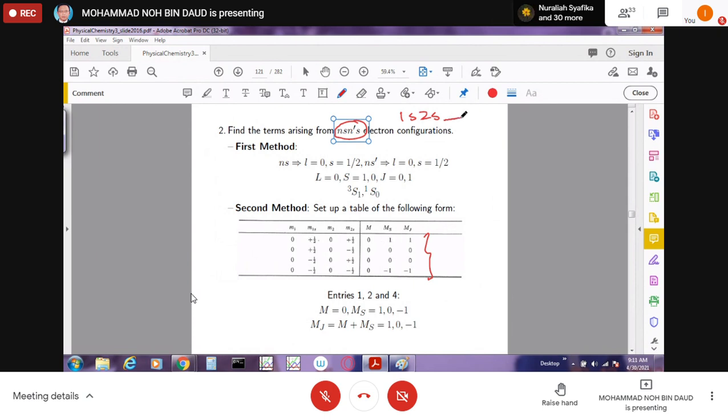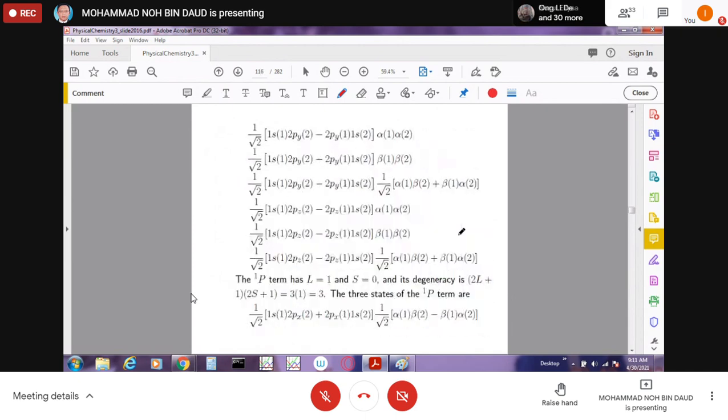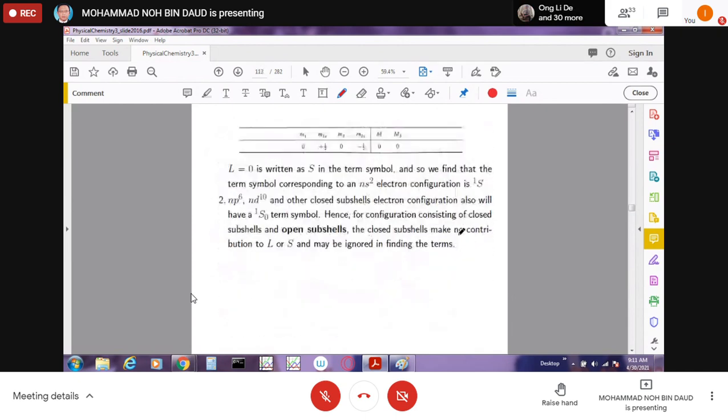This is for the non-equivalent electron. We have here another example. For the equivalent electron, like in these closed shell orbitals, we can only have 1 row. This is for the equivalent electron. Okay, at the same time, these 2 electrons are closed shell electrons.